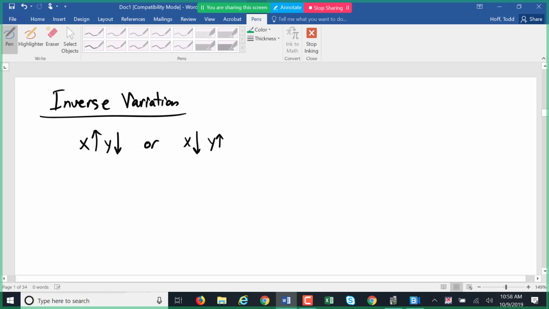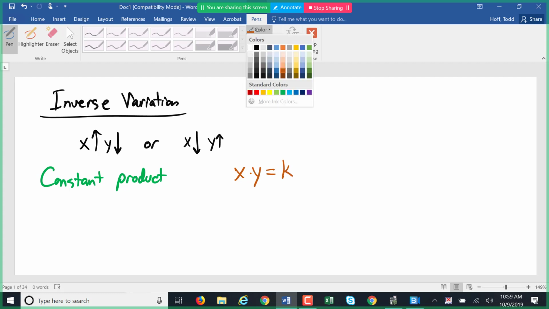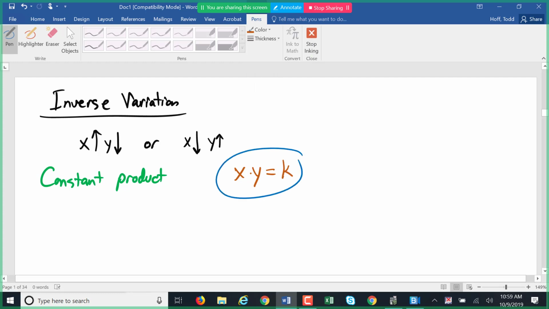Inverse variation is not a constant ratio, it is a constant product. So it takes the form of x times y equals a constant. Again, often more useful if we solve it for y to get that y equals a constant divided by x.